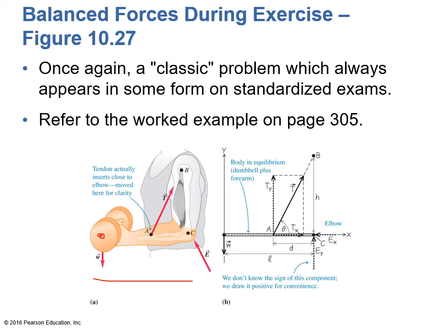One is the weight itself producing this positive torque in the counterclockwise direction, counterbalanced by a torque generated by the bicep. So we're going to say there's this point of connection at A for the bicep, and we're going to show the tension of the bicep points off at an angle along that arm.